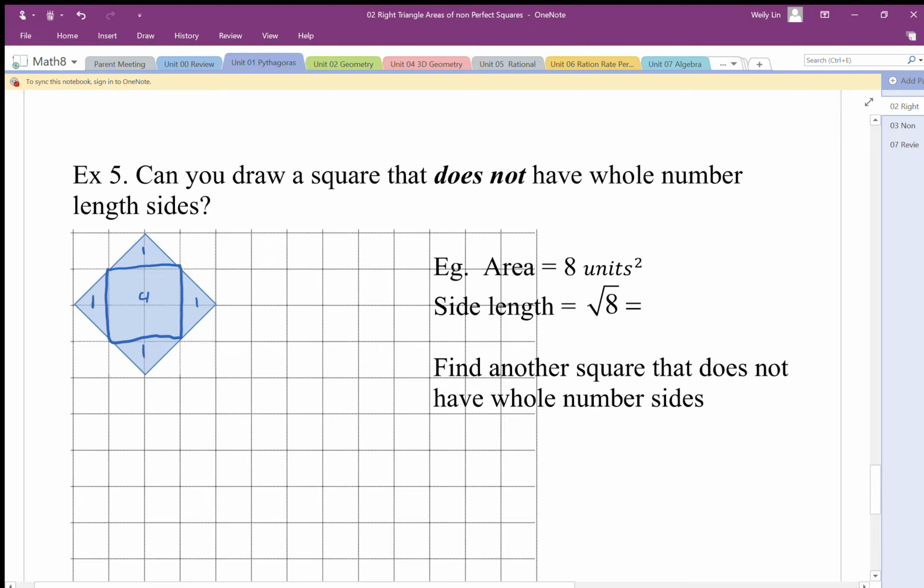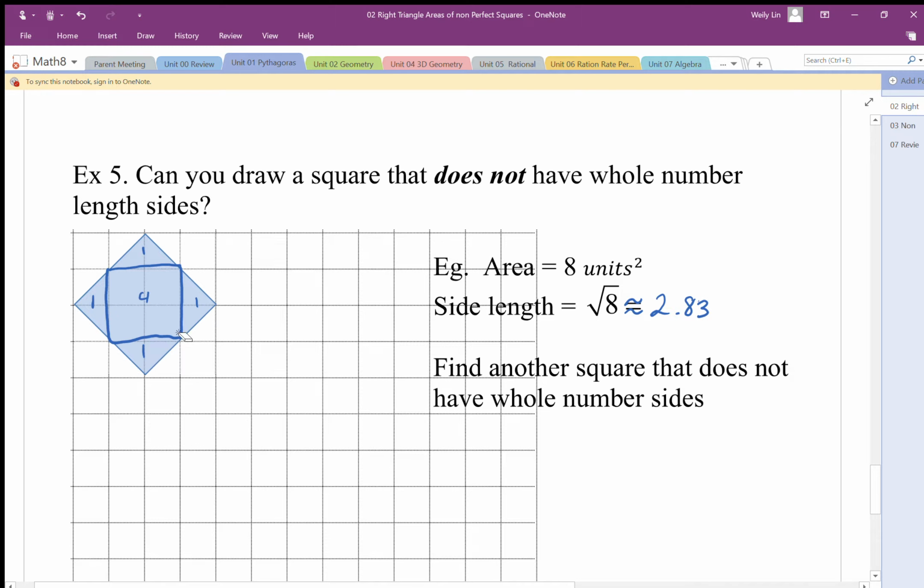So what that means is, if my area is 8 squares, then the side length must be the square root of 8. And in this case, since there's exactly 8 squares here, this length here is exactly the square root of 8. And on our calculator, our decimal value for this, and this decimal value is not exact, is approximately 2.83.